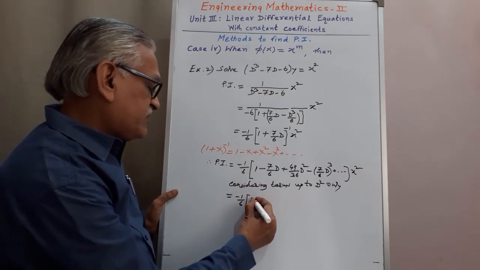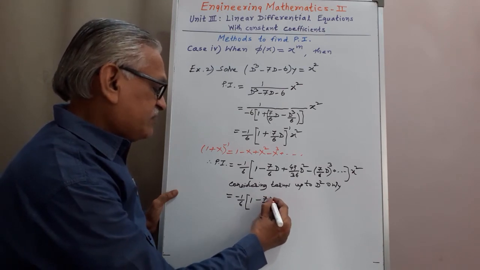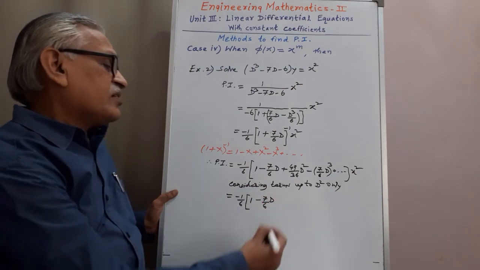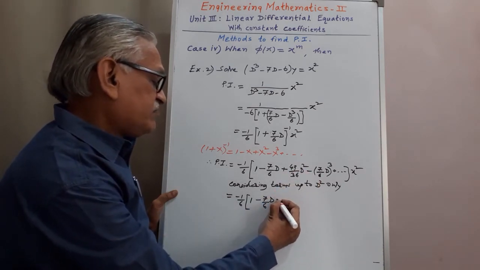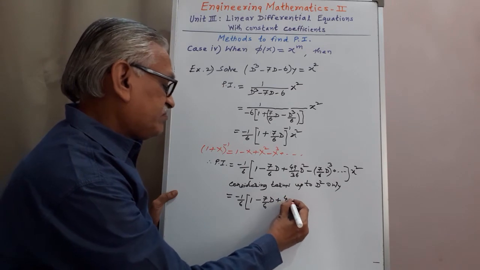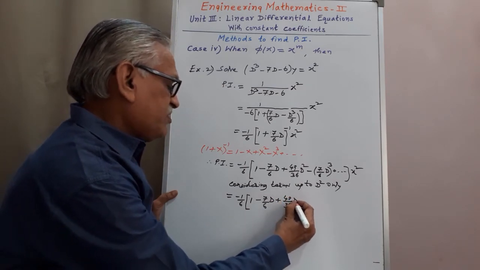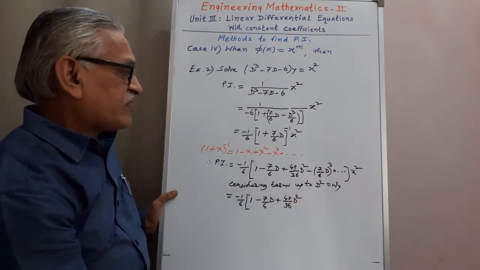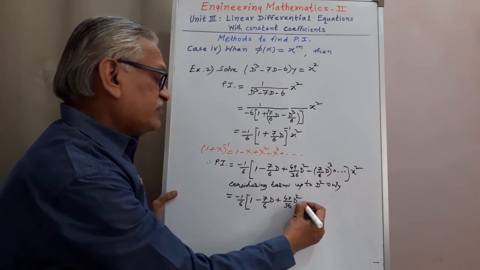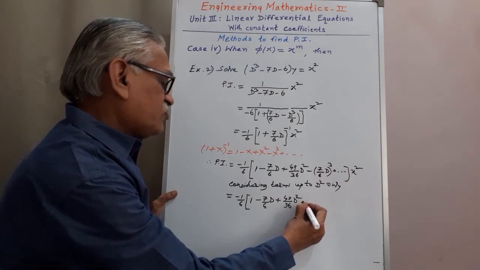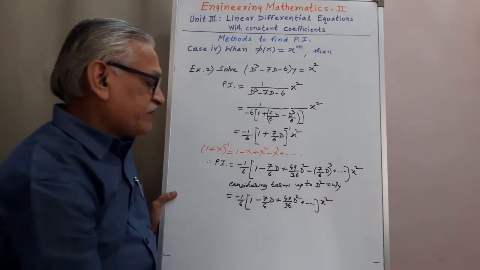1 as it is, minus 7 by 6 times D as it is, 49 by 36 times D square, and neglecting this, therefore plus so on, which we have to operate on x square.